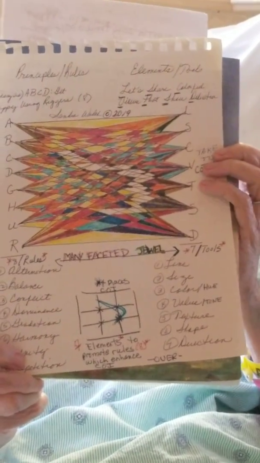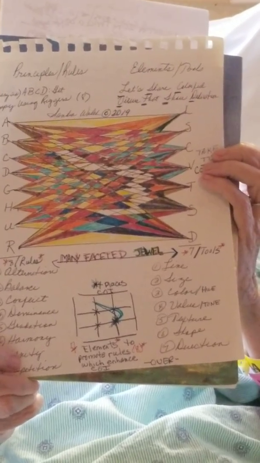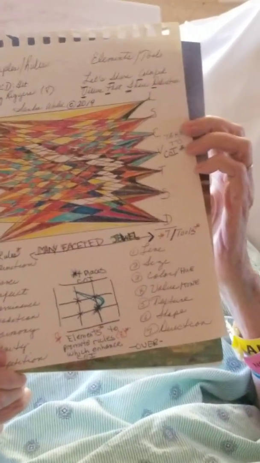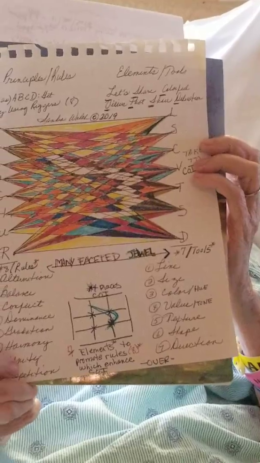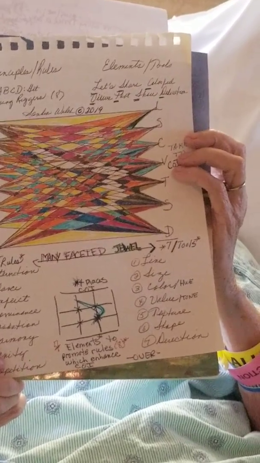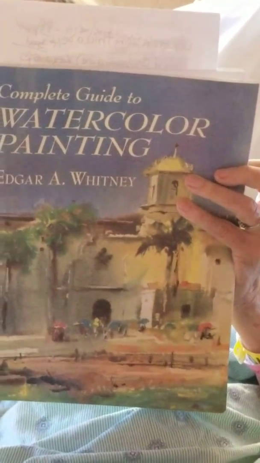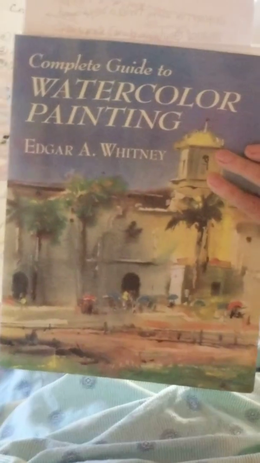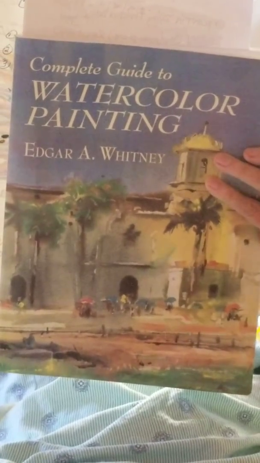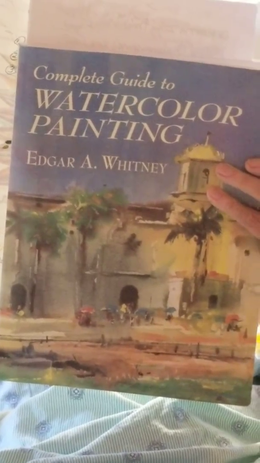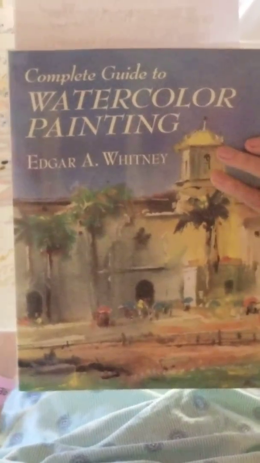Now, if my 10 minutes is not up yet, I want us to talk a little bit about the elements and what they are. And the sentence that I use for the elements, and I need to look at this: Let's share colorful views that show dedication.